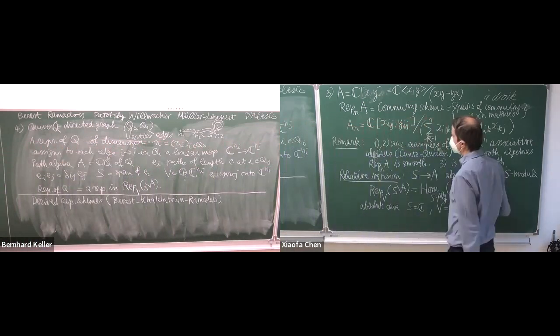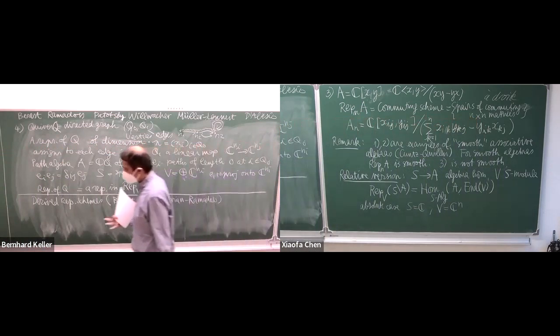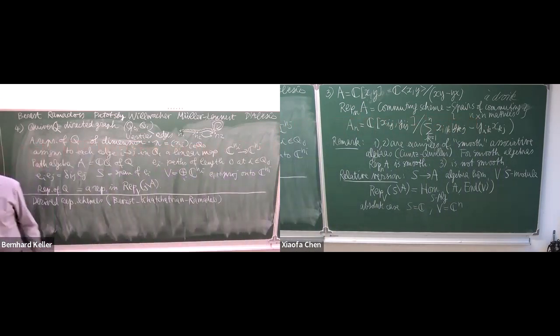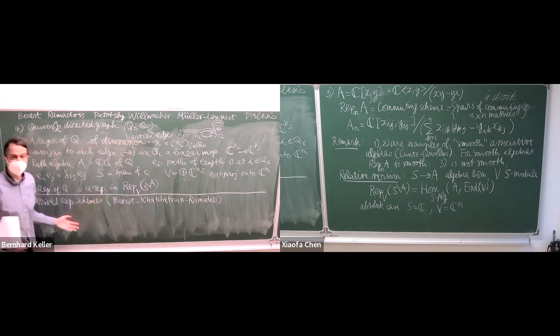Let me show you how it is in examples, which is the theory of model categories. So you embed associative algebras in some model category, for instance, differential graded algebras. And then when you have differential graded algebras, there is a notion of cofibrant objects.